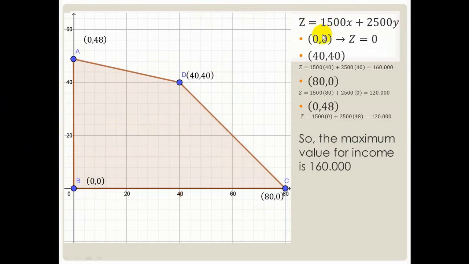When you substitute (0,0), the result will be 0, and when you put (40,40) it is 160,000, and then (80,0), the result is 120,000, and then (0,48) gives z equals 120,000. So the maximum value for income is 160,000. I hope you understand the first method.